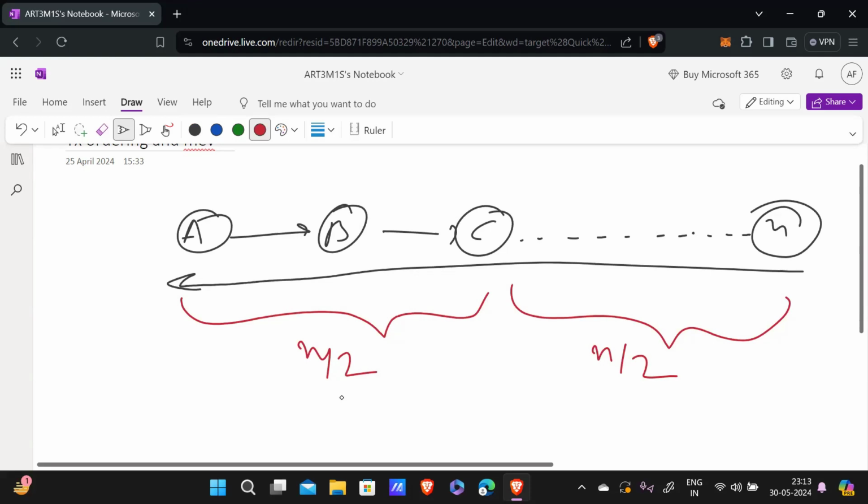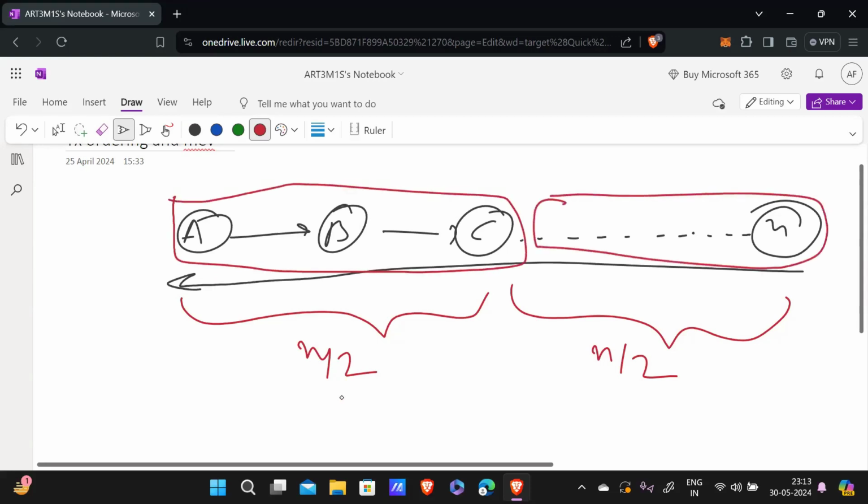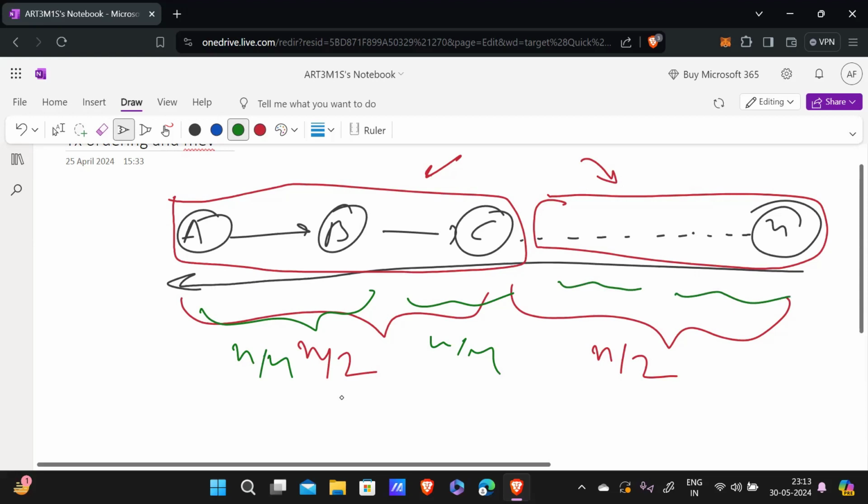Now this bigger problem of ordering these n transactions is broken down into solving two subproblems with length n by 2 and n by 2. Recursively the same function is called here, and after that, this again will be broken into pieces of n by 4, n by 4, and n by 4 for these as well.